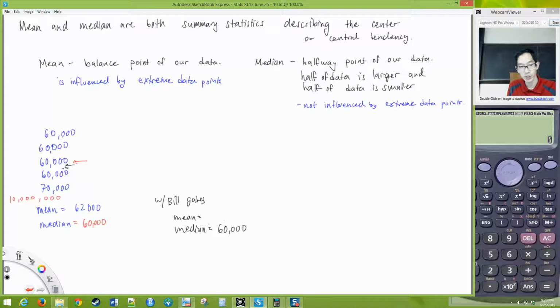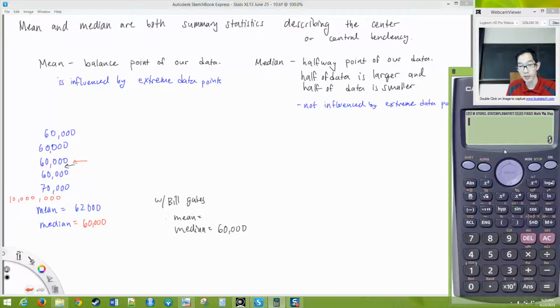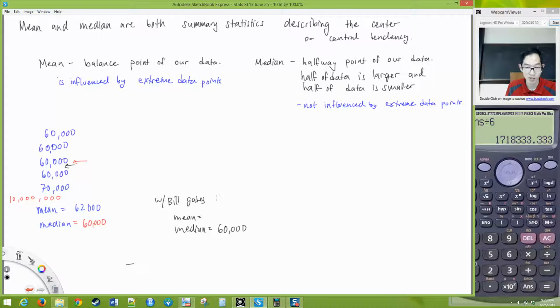And the mean, I would have to add up all of these numbers, 10 million, 60, 1, 2, 3, plus divided by 6 people. Okay, so the mean income is $1.718 million.